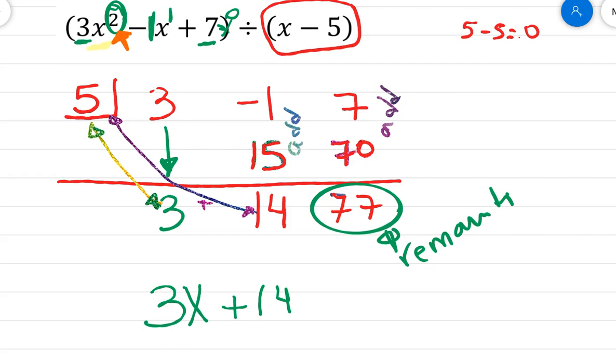So my highest exponent was 2, this is 1, remember 1 is invisible. Then 14, x to the exponent 0 is just a constant, plus my remainder. My remainder is 77 over my divisor, x minus 5. This is the answer for this division problem.